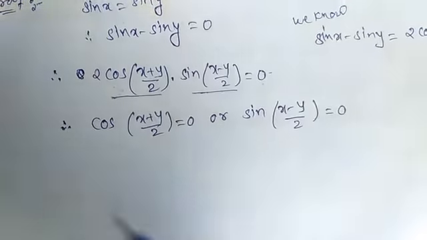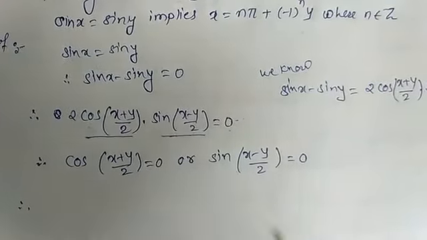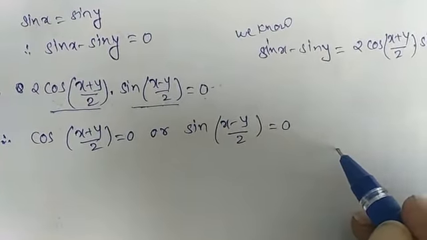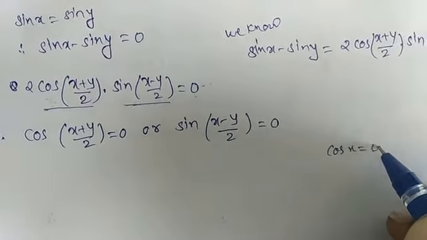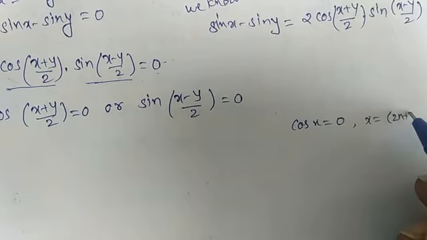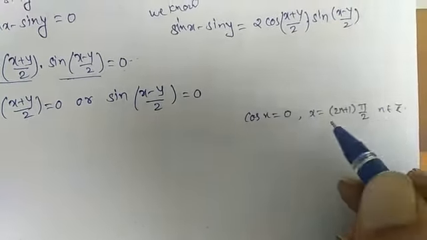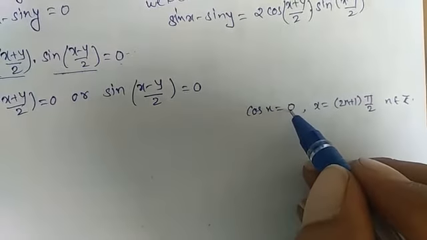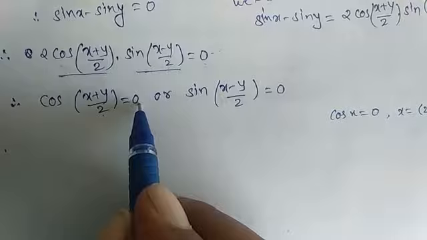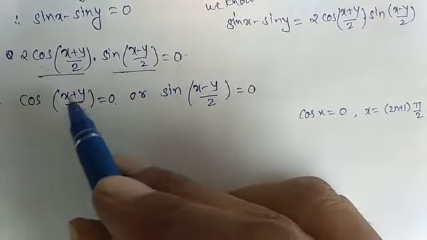Okay, now as we know that in the above we have written that for cos x equal to 0, we have x equal to (2n plus 1) pi by 2, where n belongs to Z. So we have a condition for cos x equal to 0. Here the angle is (x plus y) upon 2, so we replace x by (x plus y) upon 2.